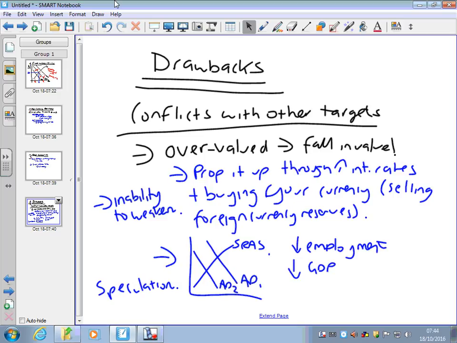It's going to run out at some point. So speculators will start selling pounds left, right, and centre. That will create a run on the economy's currency, and it will probably lead to the currency collapsing and having to abandon the fixed exchange rate system, which is what happened in Britain when we left the exchange rate mechanism. So in theory, fixed exchange rate systems have got some benefits, but in reality, they're very difficult to maintain because you lose control of your domestic fiscal and monetary policy.